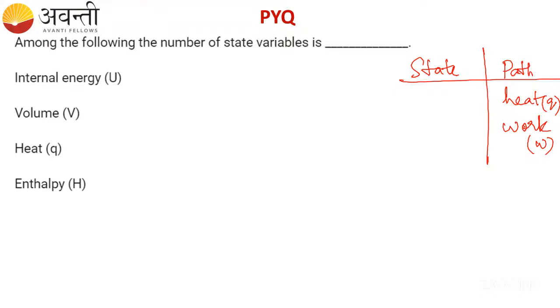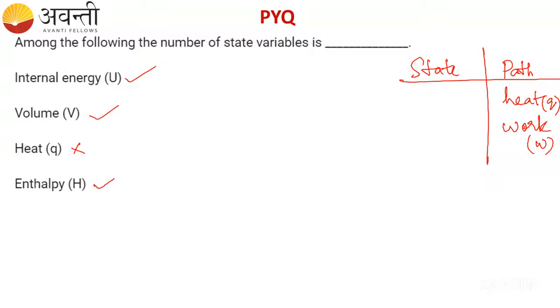I told you this statement, right? Except Q and work, all others are state functions. So in the given list, we don't have work, but we have Q. So Q is the only path function and the others are state functions.